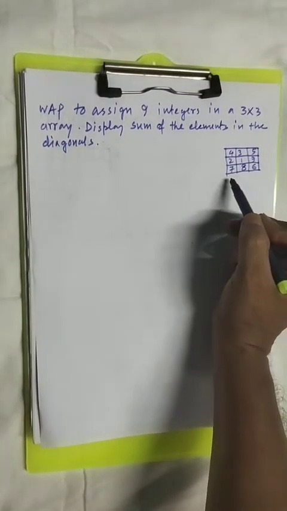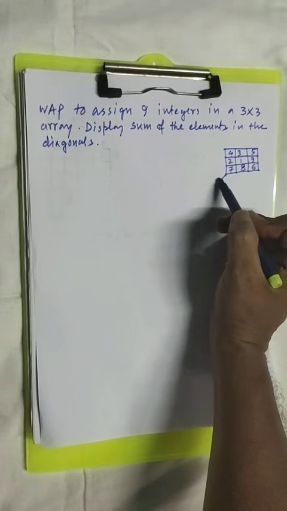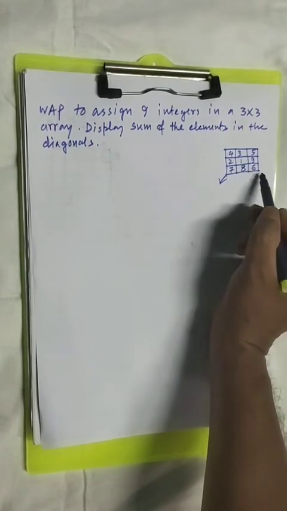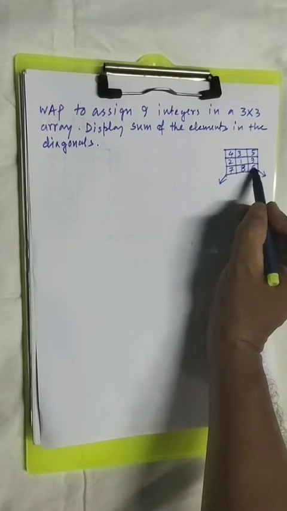Just these numbers we'll assign in the array. Then we'll find the sum of the diagonals, that is 7 plus 1 plus 5, and again another one, that is 6 plus 1 plus 4.